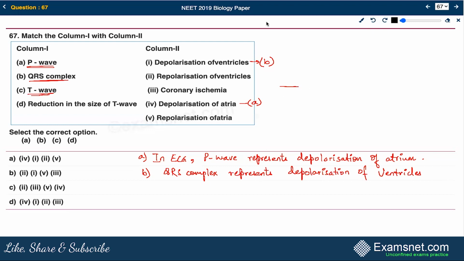Basically, how the graph is drawn, I'll just draw a figure over here so that you can have an idea. This goes like this.